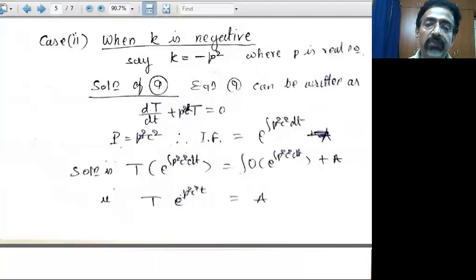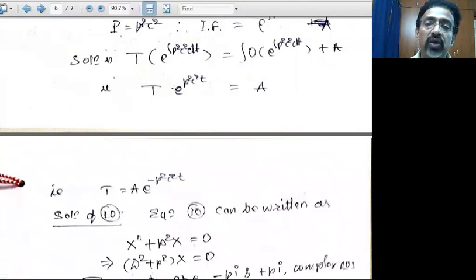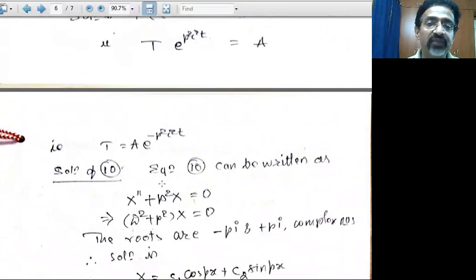T into e power p squared c squared t is equal to a, or T is equal to, I shift this e power p squared c squared t to the right hand side. So what I get? T is equal to a times e power minus p squared c squared times t. Right. So I got the solution for T now.